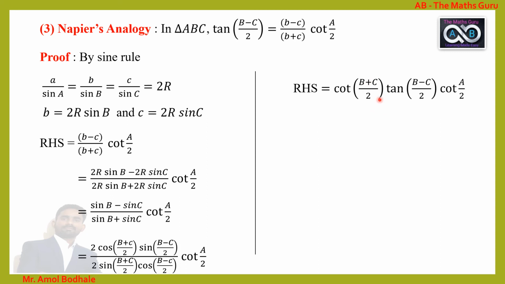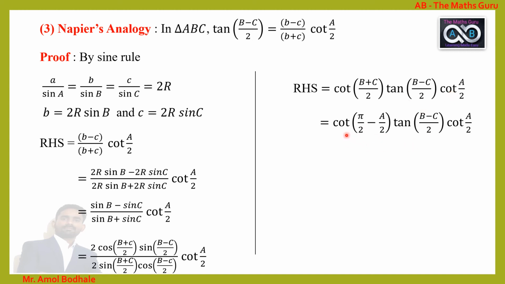So therefore A by 2 plus B by 2 plus C by 2 is equal to pi by 2. So this angle B plus C upon 2 can be replaced by pi by 2 minus A by 2. So therefore we can replace this B plus C by 2 by pi by 2 minus A by 2, and the remaining term as it is.